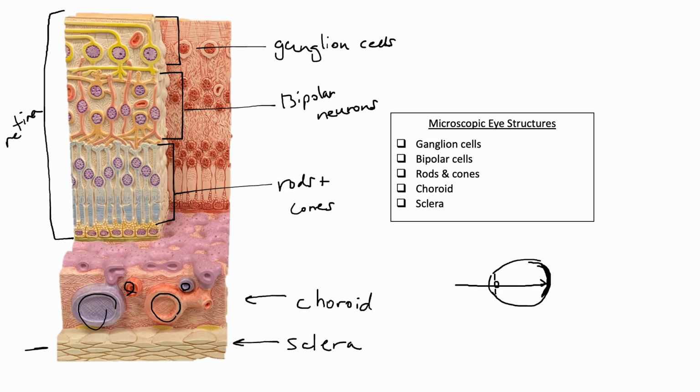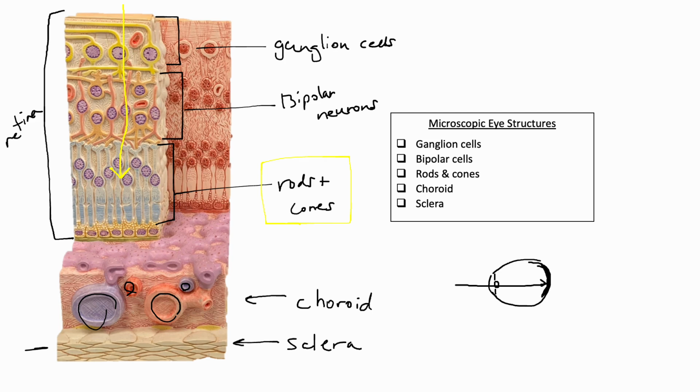So if we're following the direction of light, let me change to yellow. Light is going to come all the way through the ganglion cells, the bipolar cells, into the layer that has rods and cones. The rods and cones are the layer that actually have the ability to detect or sense the light. So the light is coming in there and is being detected at the level of the rods and cones.